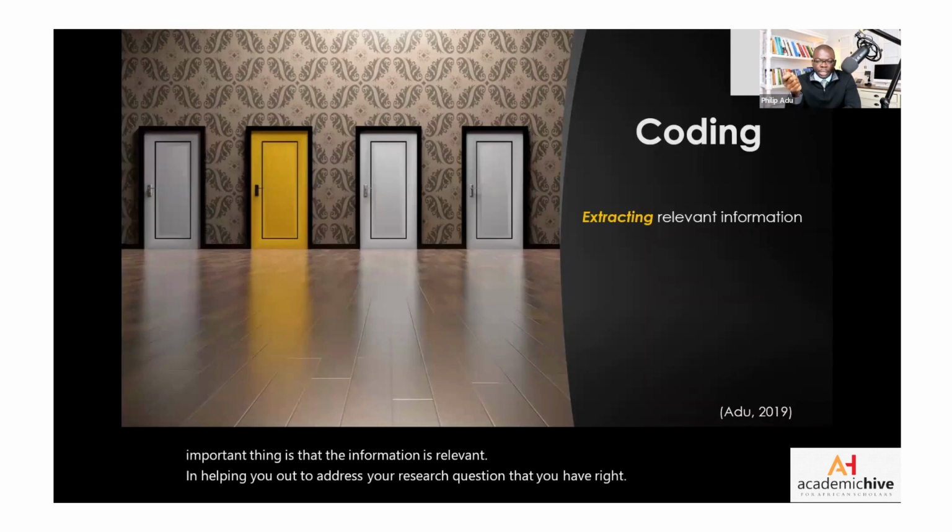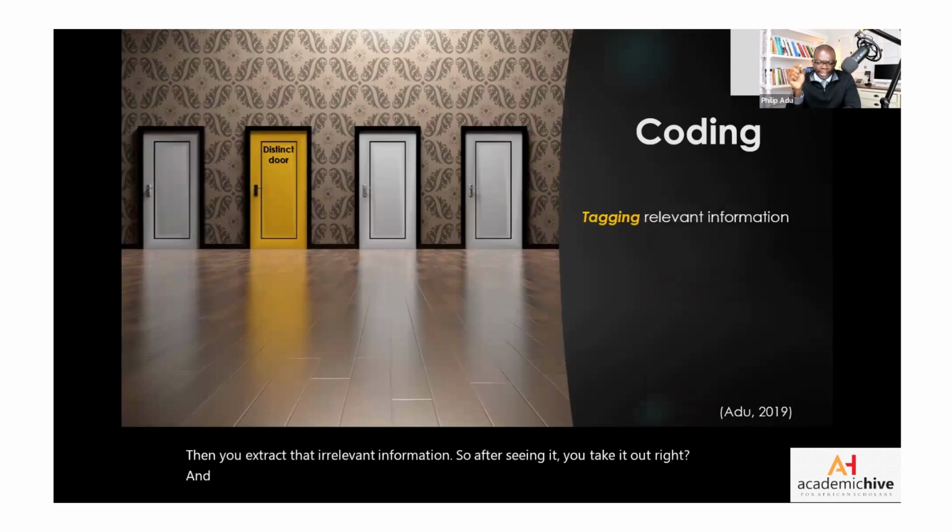Then you extract that relevant information. After seeing it, you take it out, and then you tag it. Tagging is developing a phrase to represent that significant information. So you see how it's all about data reduction.